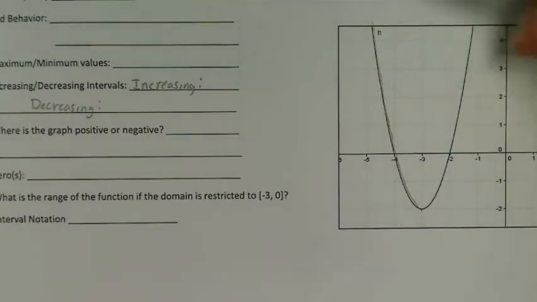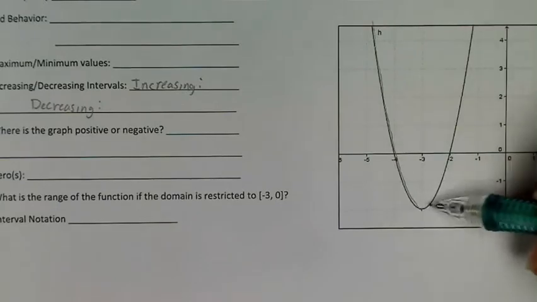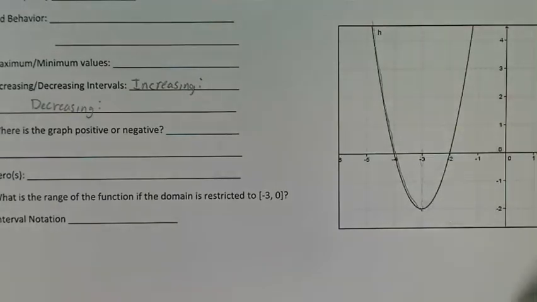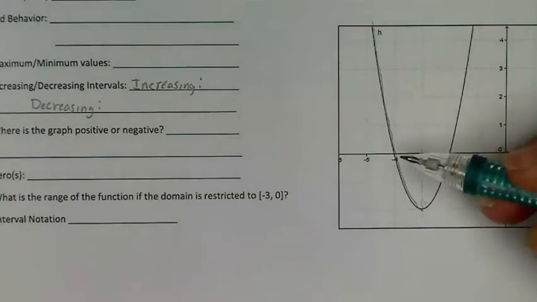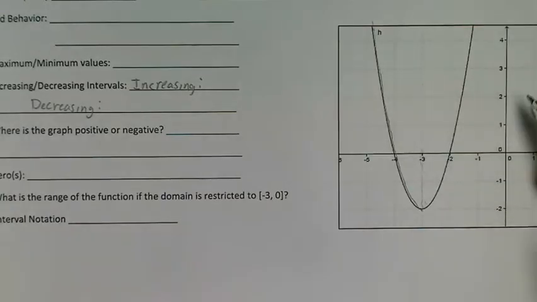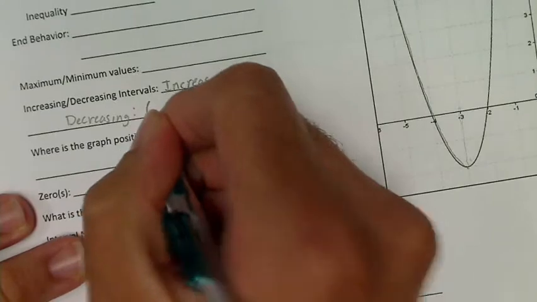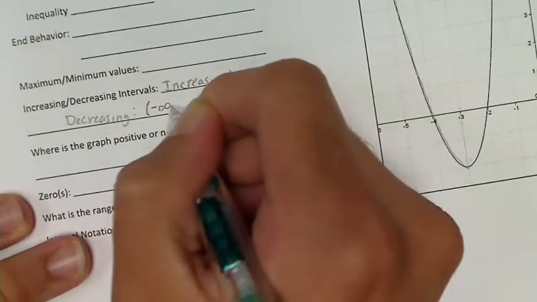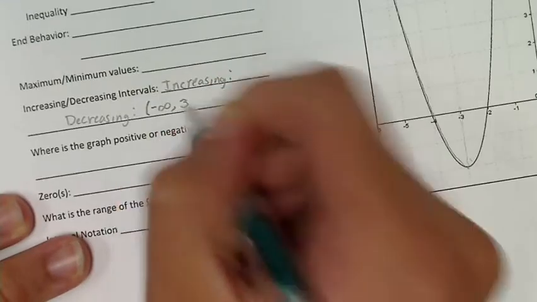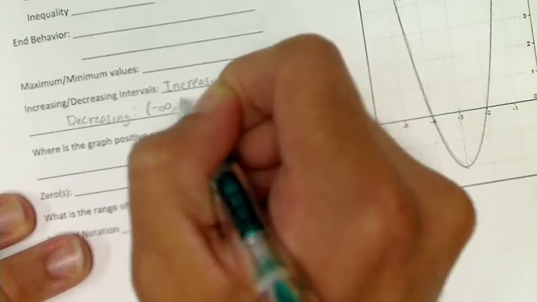Well, this graph goes forever and ever to the left. So starting from forever and ever to the left all the way until -3, we find that this graph is decreasing. So how would we write that? Well, that interval is going to be from -infinity to -3.